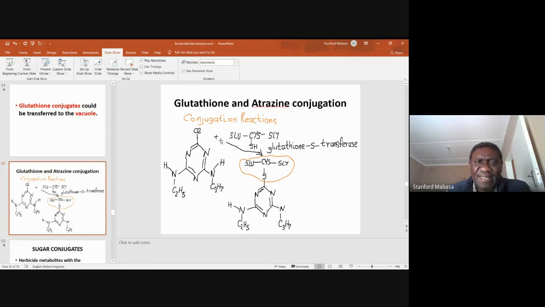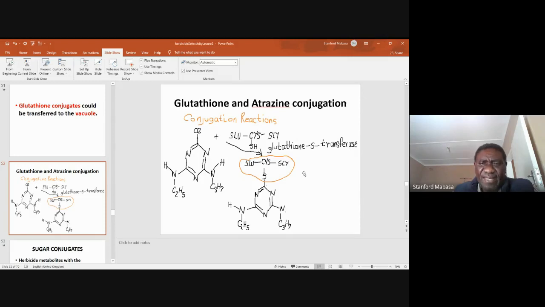This process can just start in phase 2, where you have glutathione with this reacting component substituting the Cl, and then you have this structure where you have glutathione attached via the sulfur bond to what was then atrazine. And this is facilitated by the enzyme glutathione S transferase.